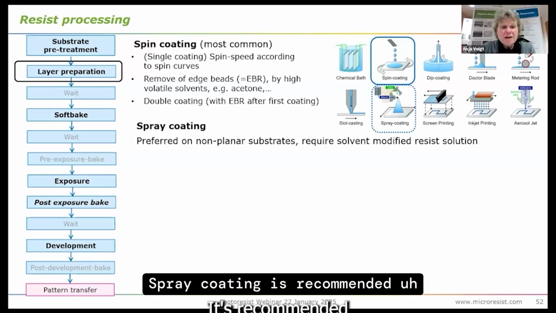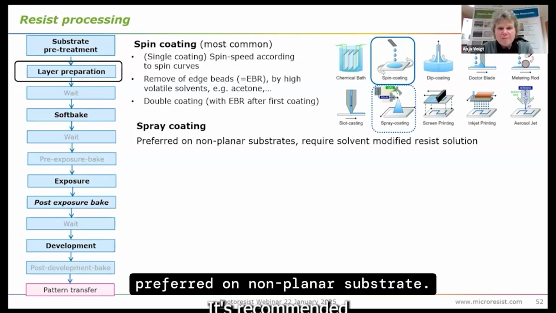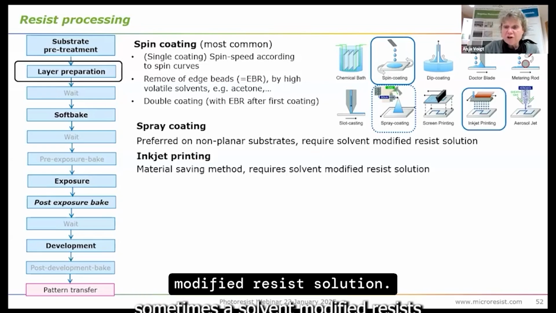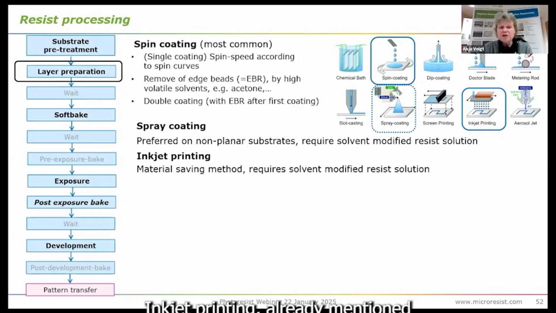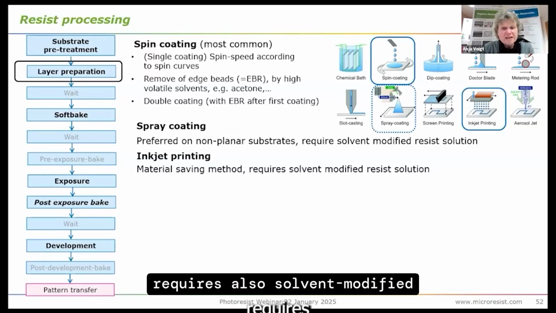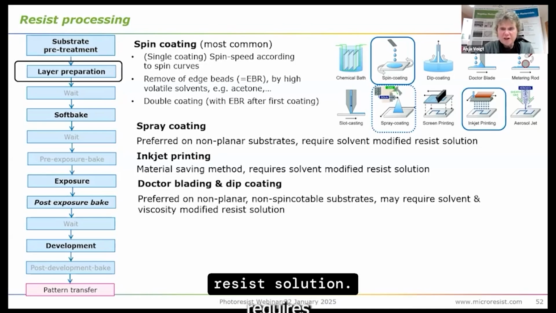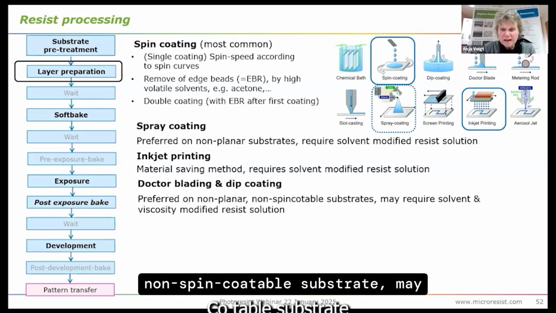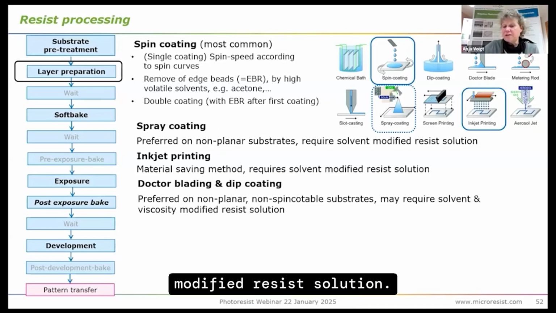Spray coating is preferred on non-planar substrates, otherwise you can spin coat, and sometimes requires a solvent-modified resist solution. Inkjet printing, already mentioned as a material-saving method, also requires a solvent-modified resist solution. Doctor blading and dip coating are also preferred for non-planar, non-spin-coatable substrates, and may also require solvent and viscosity modified resist solution.